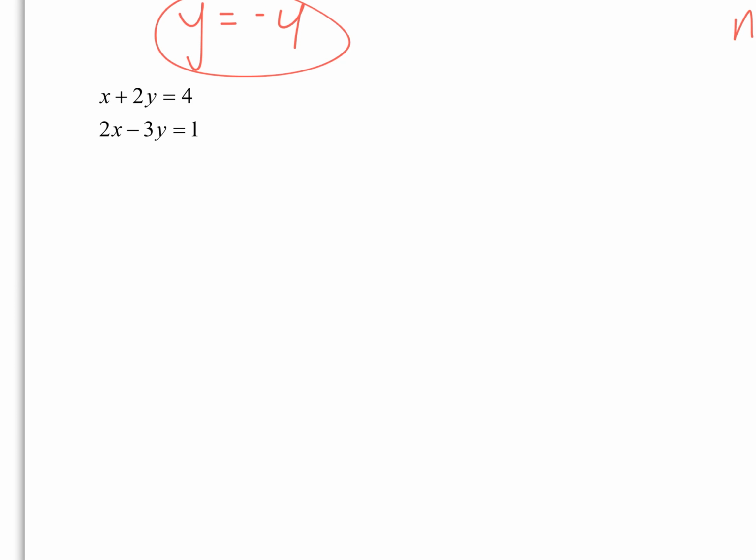If I look at the x values on these two, one is a 2 and one is a 1. So I can multiply this first equation by negative 2, and we'll get opposite signs. Negative 2x minus 4y equals negative 8. I didn't multiply the second one.